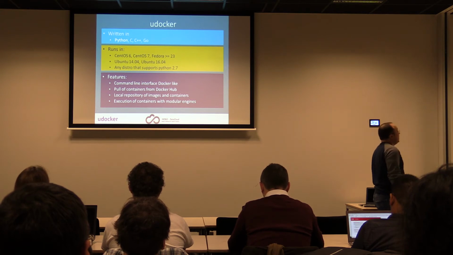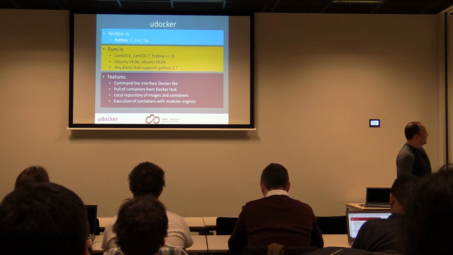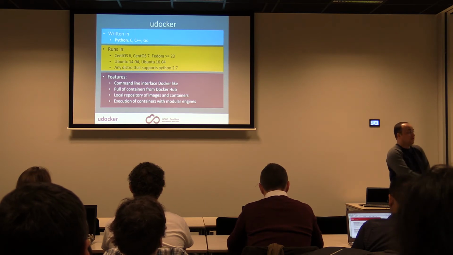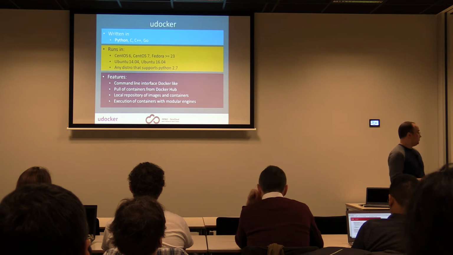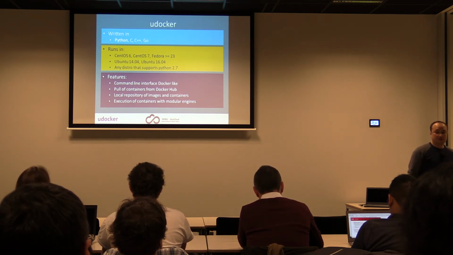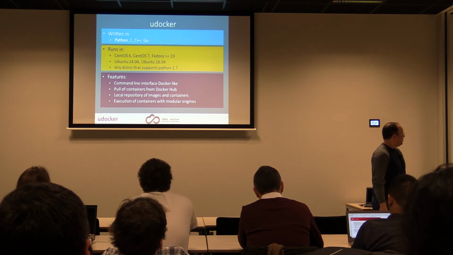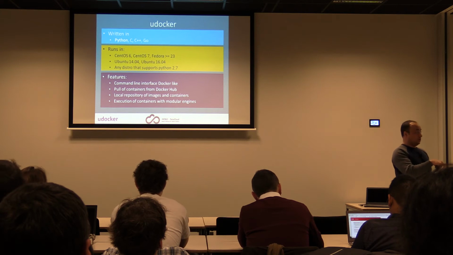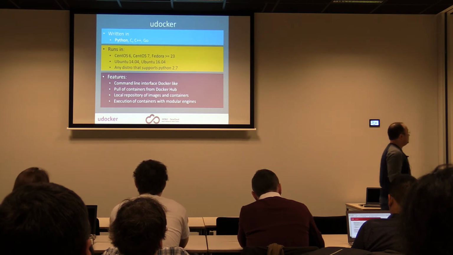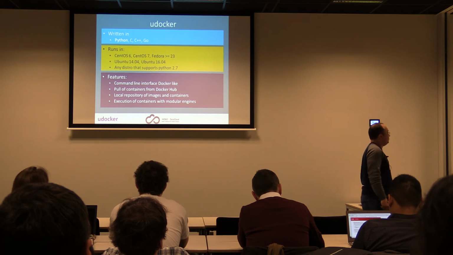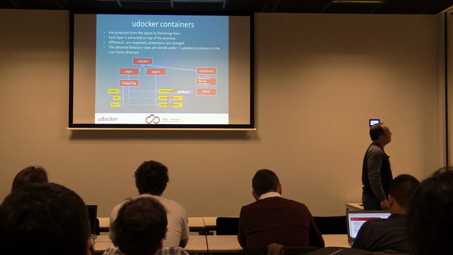And as features, we have a command line interface mostly like Docker. We don't allow to do everything because it's a different tool. We can pull containers from Docker Hub. We have a local repository in the user's home. And we have modular engines to execute the container.